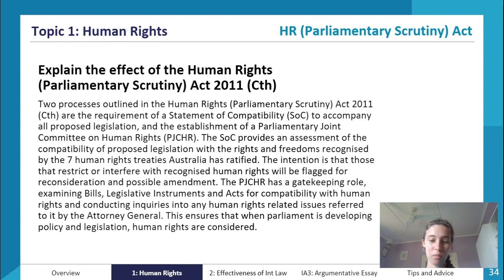So basically, human rights need to be considered whenever you've got any policy or any legislation. So this act is ensuring that you've got that compatibility, those provisions that are making sure that human rights are always considered.